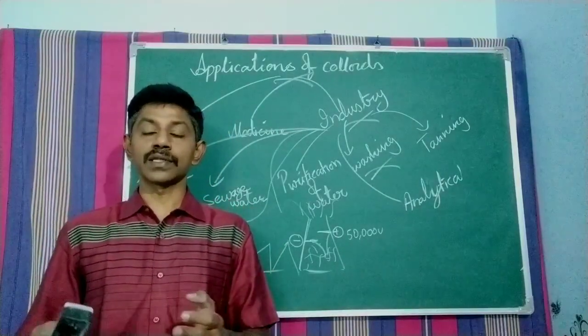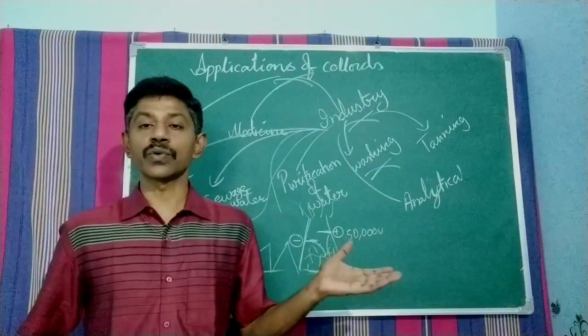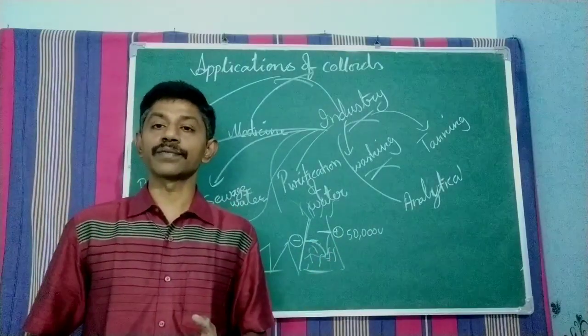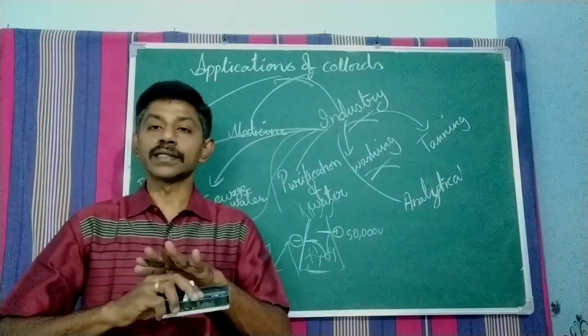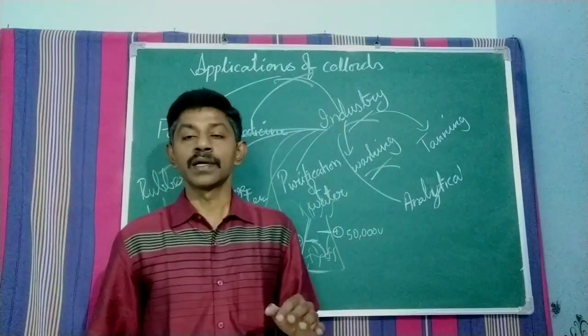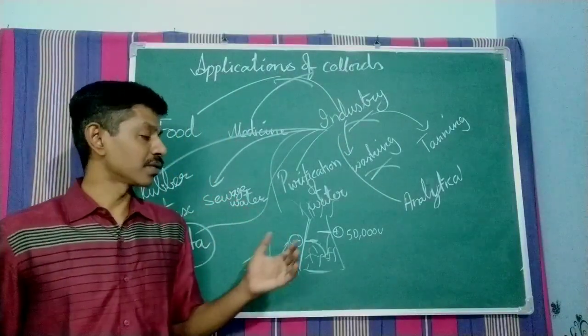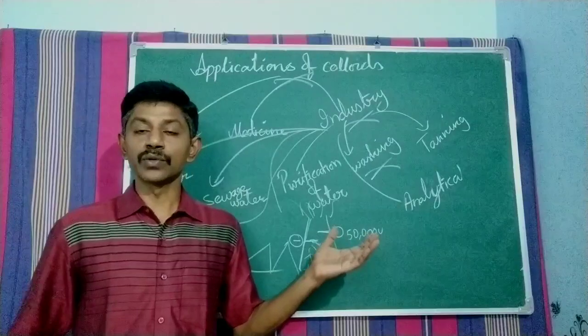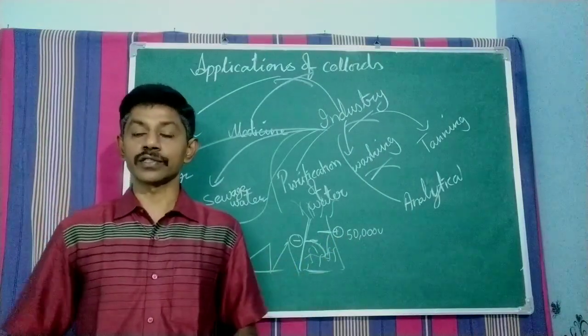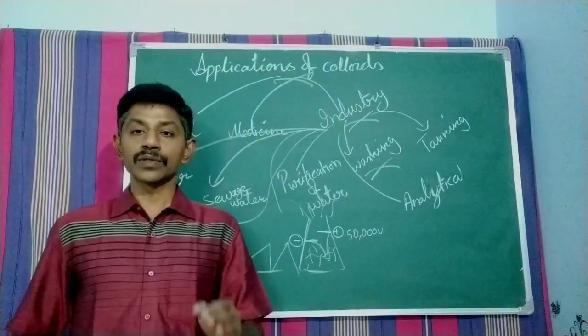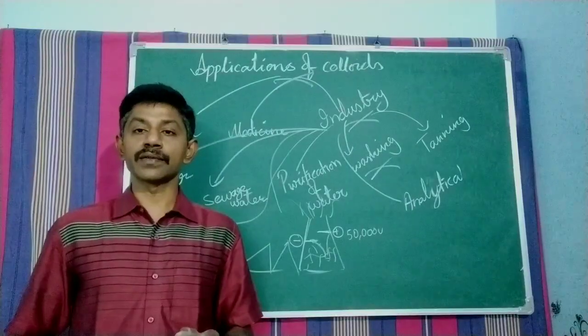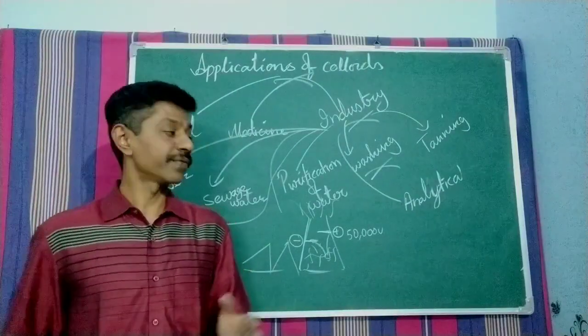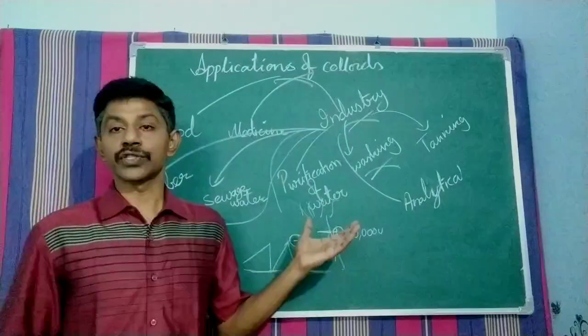And because the delta regions are closer to the seashore, the water carries a lot of minerals and electrolytes. It sediments all the good soil, good clay, minerals, nutritious soil into those regions. So this is the main reason for the high fertility of the delta region.